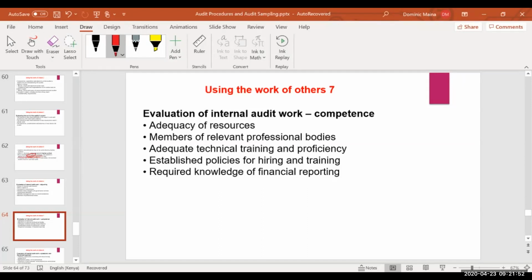Because if you're going to give advice on how the company should implement good controls and prevent fraud from occurring, and they don't have at least a fair understanding of accounting, then you can be sure the advice they give might not be the best. That's why you need to assess the extent of how they understand financial reporting. Don't forget they don't need to be experts in accounting.